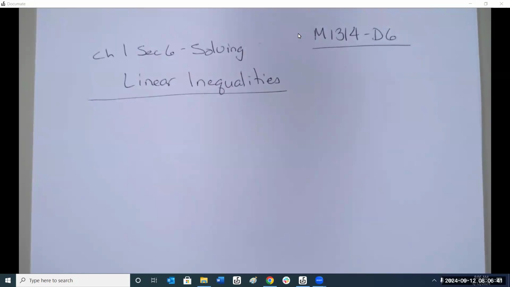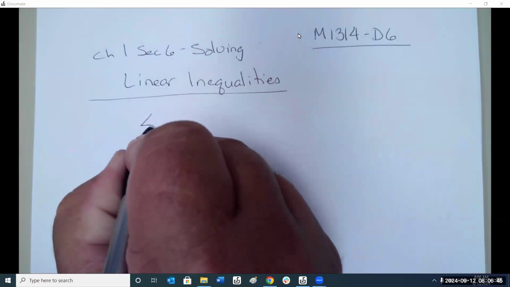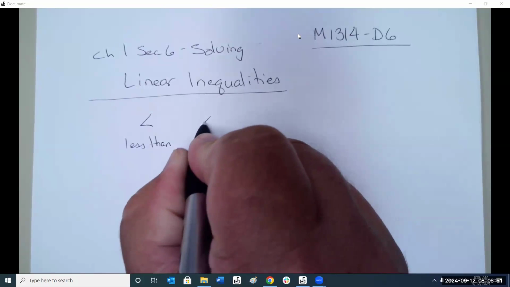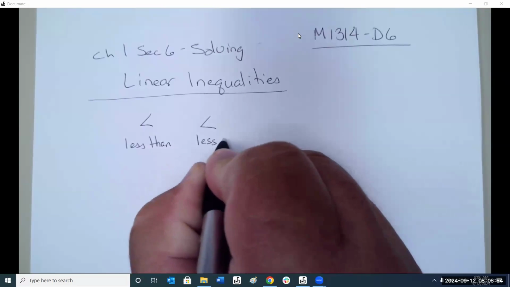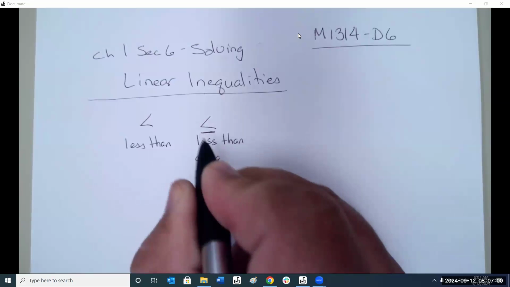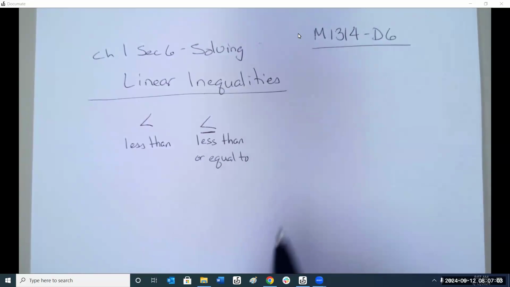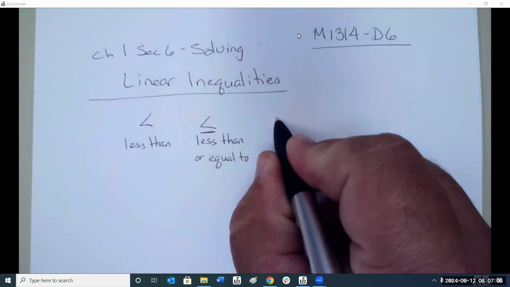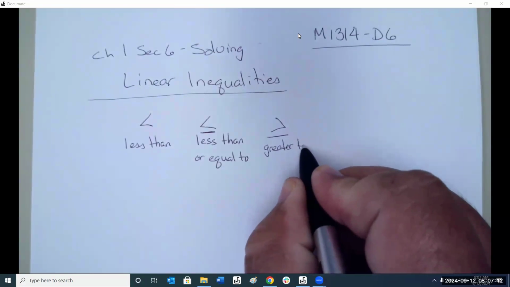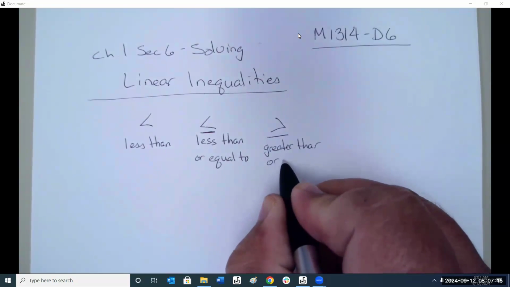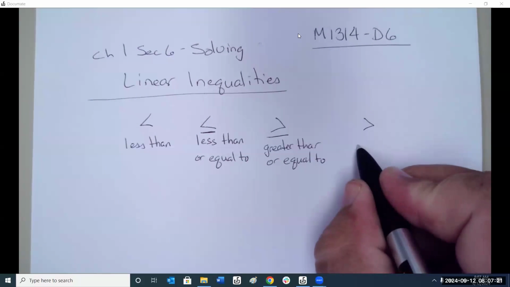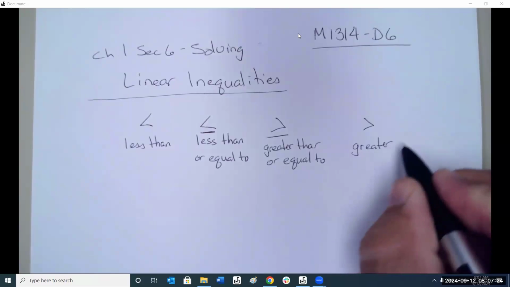In other words, what does it look like if it's less than, or equal to, greater than, or equal to, or just greater than?